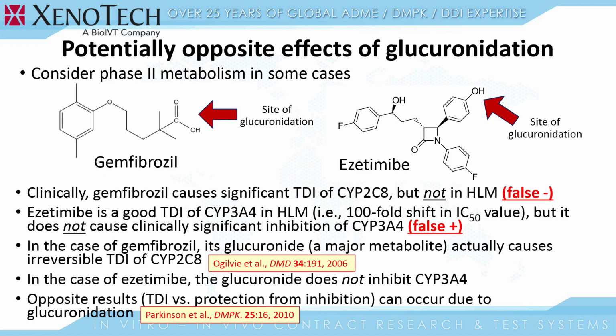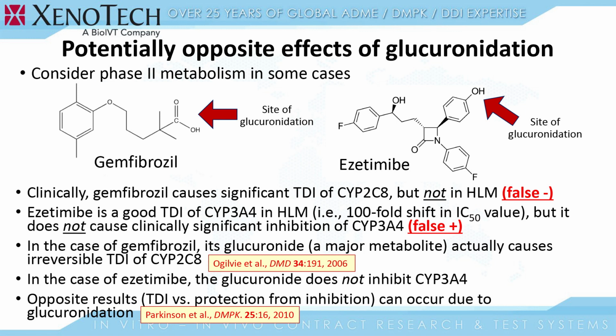So in this case, a false positive result is obtained with the in vitro experiment in human liver microsomes. Now, the reason behind this is because the glucuronide metabolite of ezetimibe is not an inhibitor of CYP3A4. And when ezetimibe is metabolized in vivo, it is rapidly glucuronidated.